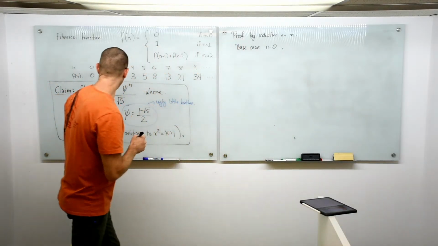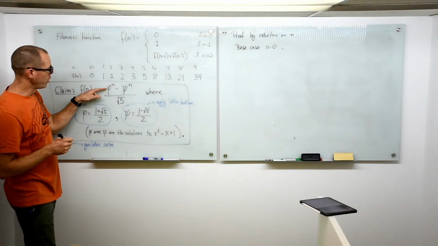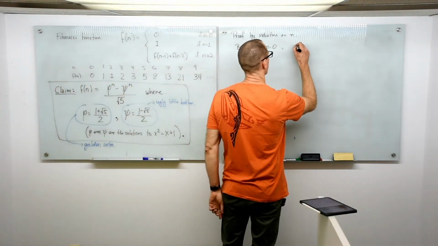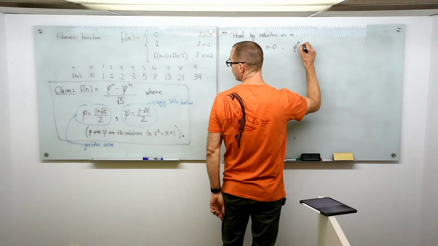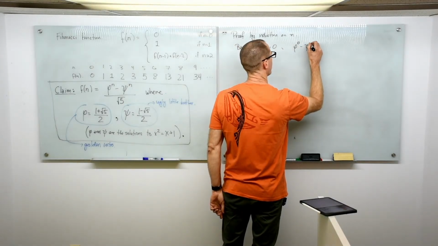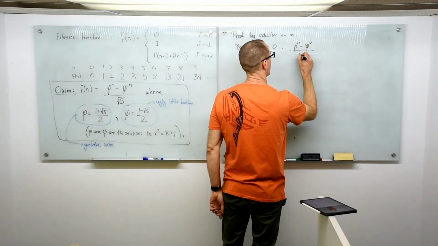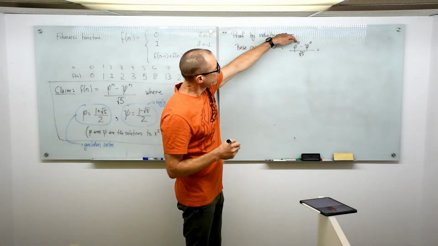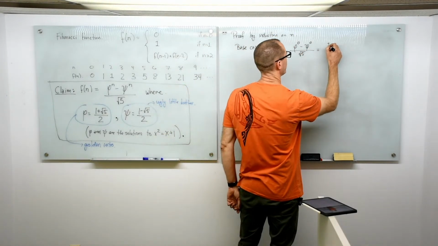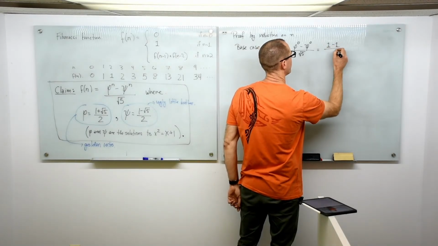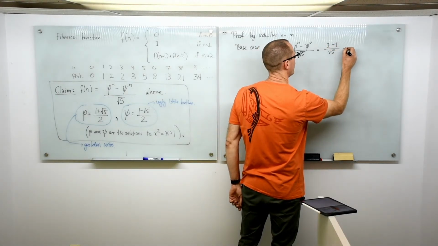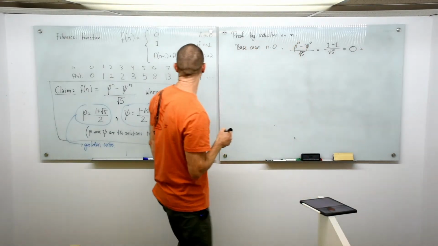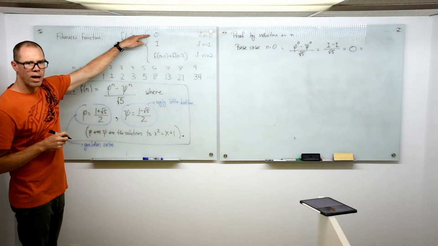We'll write down this formula, but we'll put 0 instead of n. So we get phi to the 0 minus psi to the 0 divided by square root of 5. Well, anything to the power 0 is just 1. So we get 1 minus 1 divided by the square root of 5, which is equal to 0. And 0 is indeed the value of f of 0.